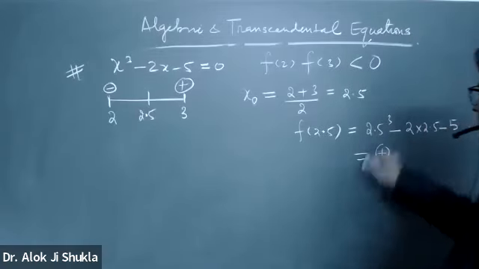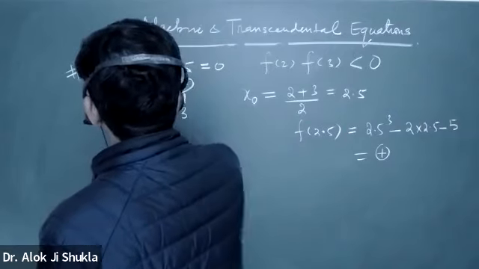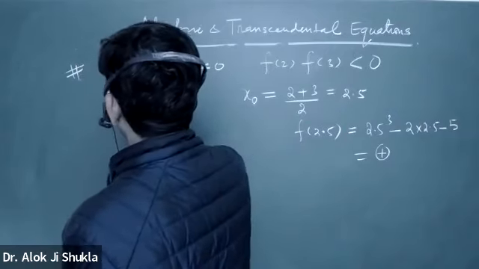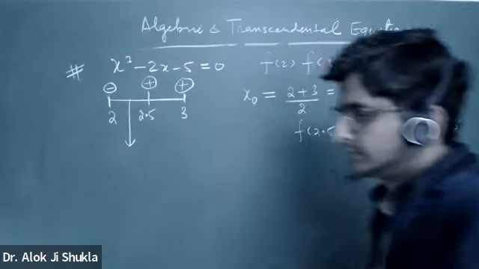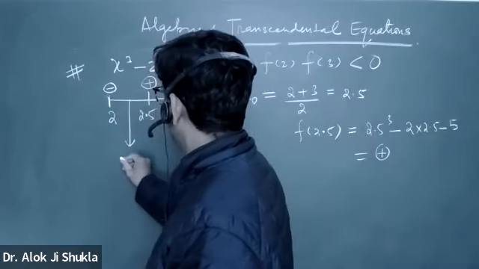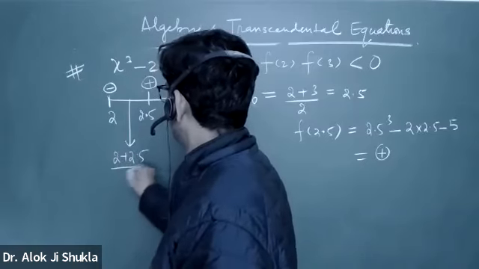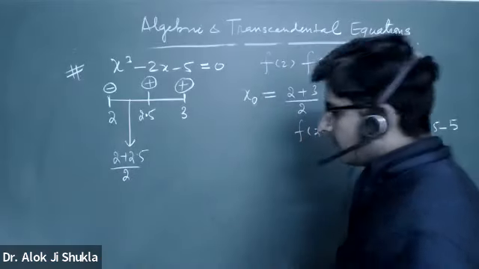So what we are going to get is positive, 15.625 positive. So that means next number should be taken here, because negative and positive इसके बीच में होगा. So it will be 2 plus 2.5 by 2. What will be this?